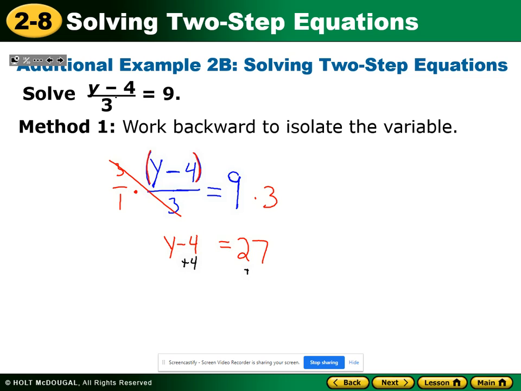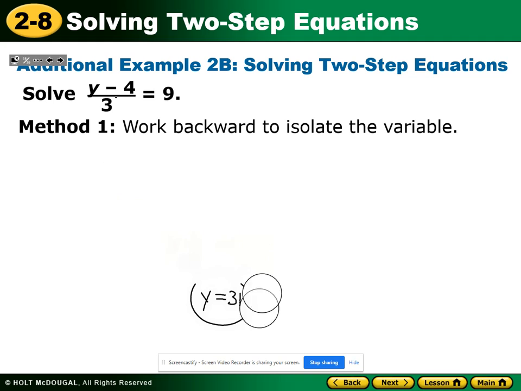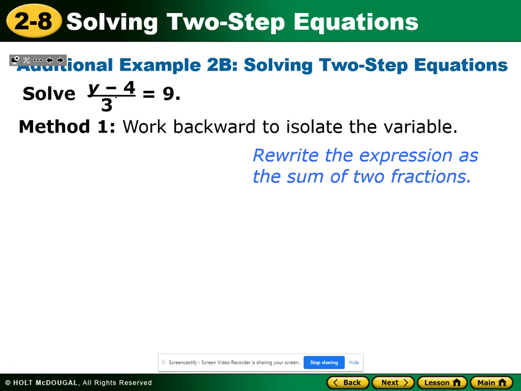Plus 4, y equals 31. All right, we've got our answer. 31, if I put that in here for the y, minus 4 is 27. 27 divided by 3 is 9. All right, let's show you what they did.